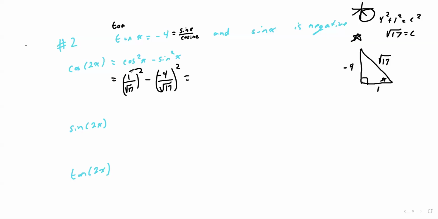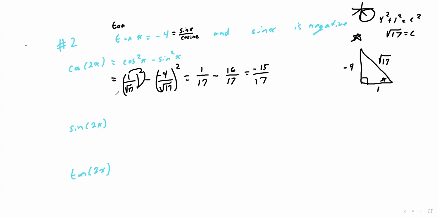We work this out, apply it to both. We get 1 over 17 minus 16 over 17. And when you work that out, that becomes -15 over 17. Right? So therefore, with that little bit of information, we're able to find the double angle of cosine, which is just -15 over 17.